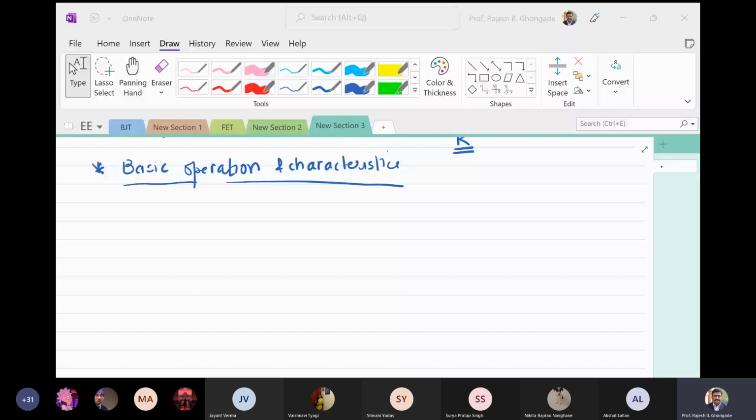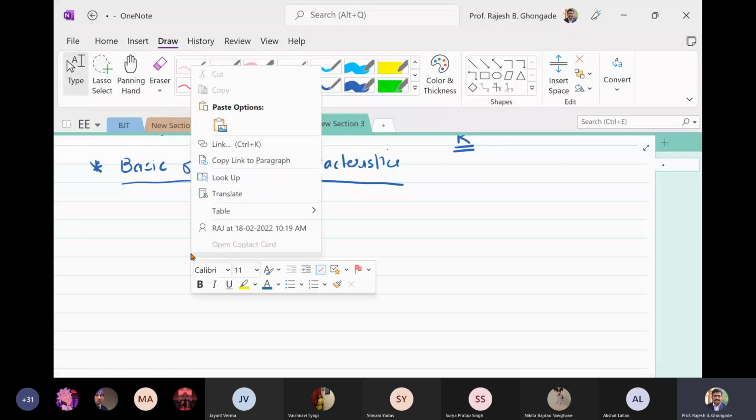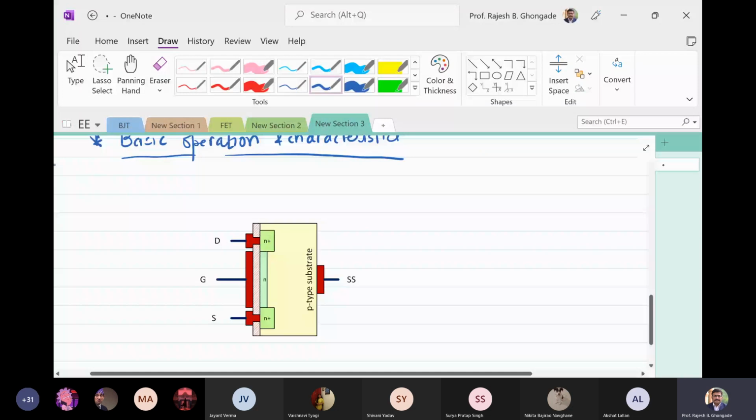Just a moment, please. Okay. Now what we are going to do is we are going to connect it to the various sources, voltages.